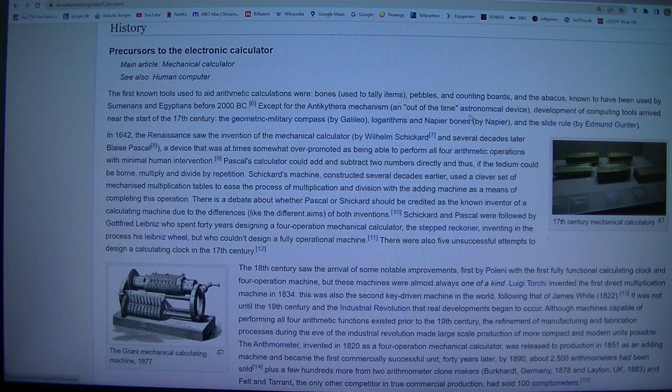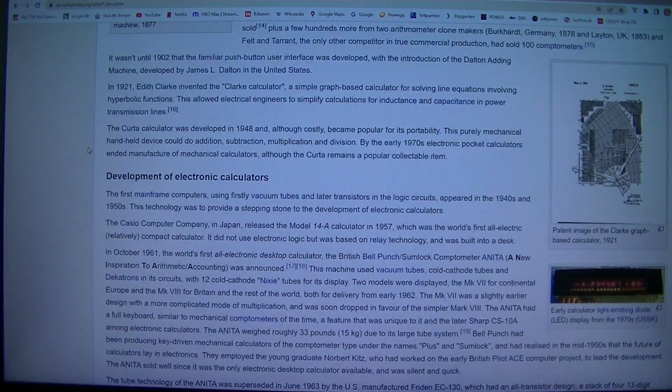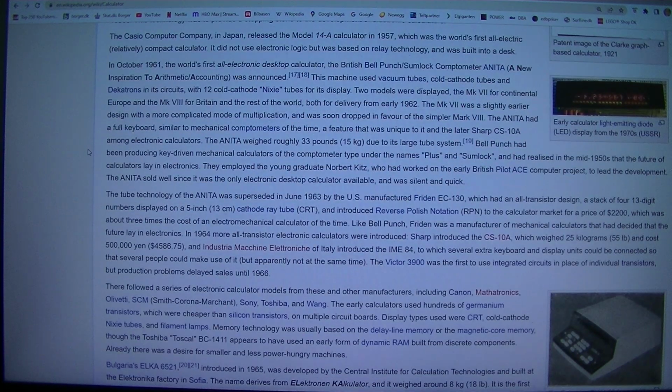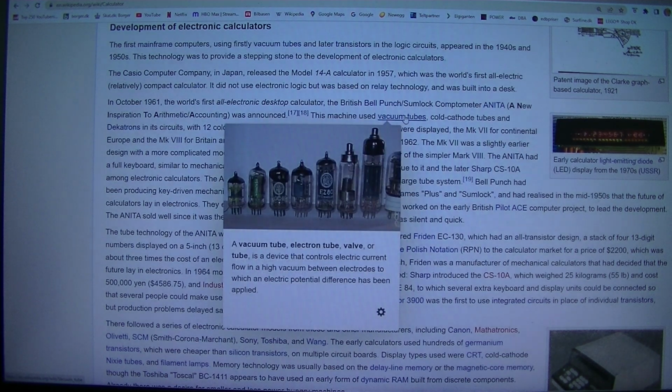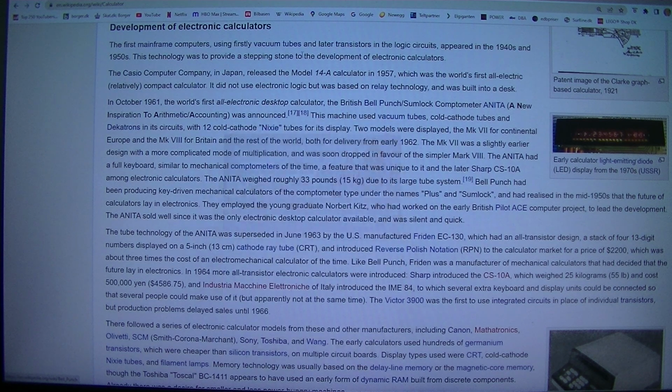But there are so many links here. No, that was in the early calculators, vacuum tubes. Oh, I think they used vacuum tubes before early transistors. Let's download that.